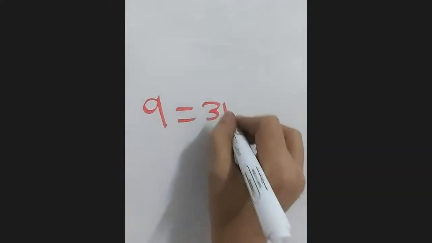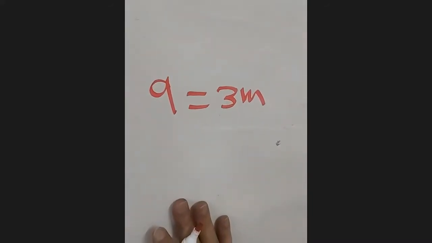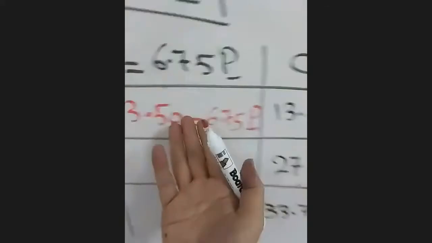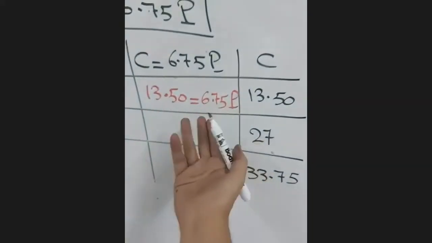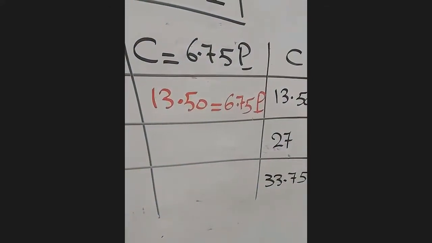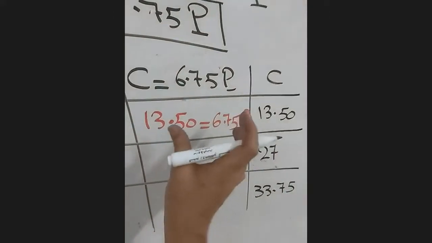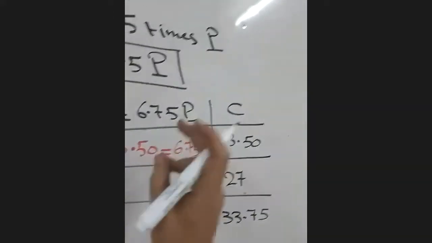See this equation here? 9 equals 3m. What's the type of this equation? Multiply. Here it's the same, what's the difference? It has a decimal. Multiply.